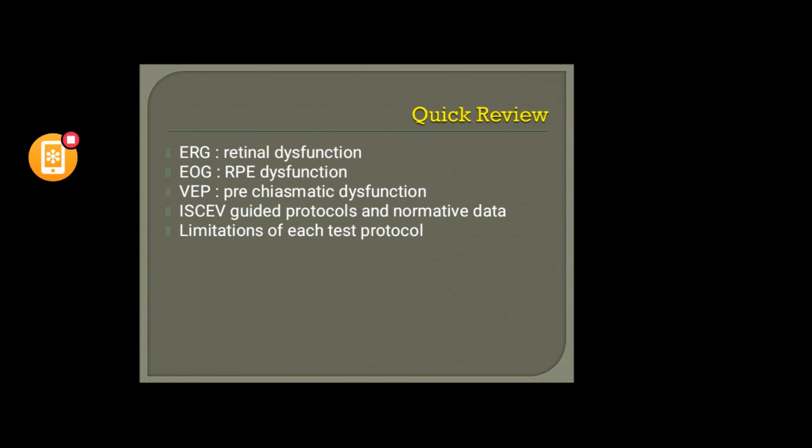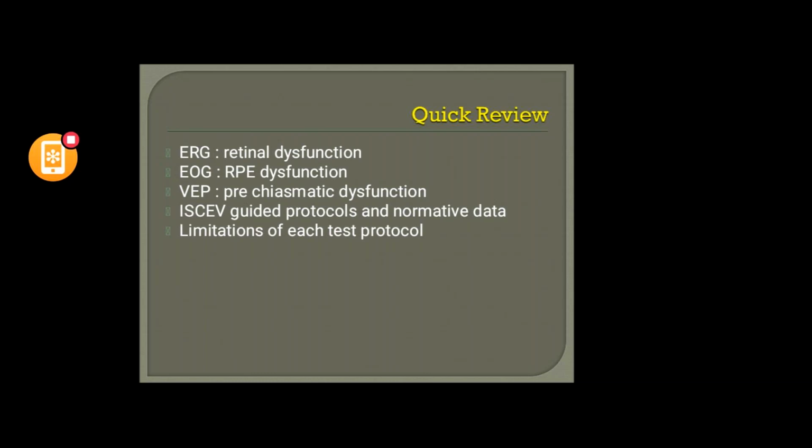Now I'll be switching to the interpretation part. EOG basically shows retinal dysfunction. The electrooculogram basically gives an idea whether the RPE is healthy or not, so the photoreceptor-guided RPE, rod to RPE and cones to RPE, whether these are all healthy or not. Then VEP allows us to have an idea of the prechiasmatic dysfunction.